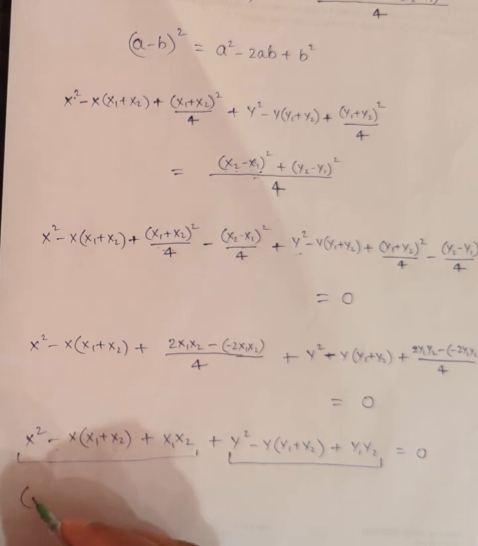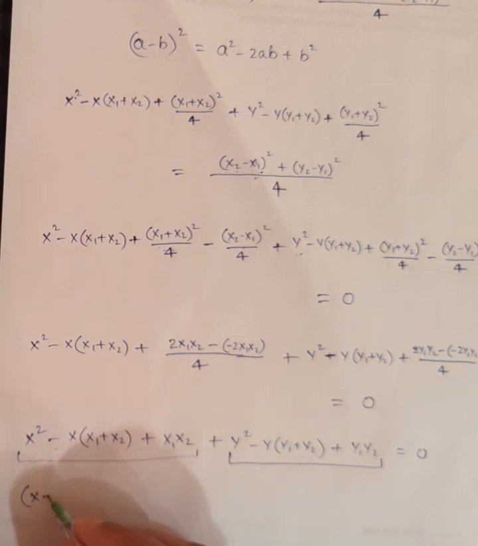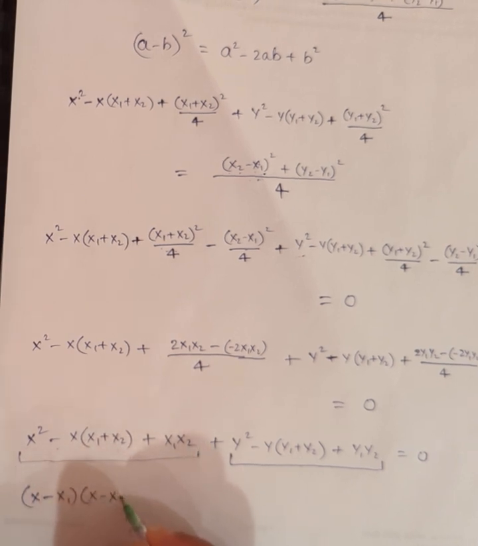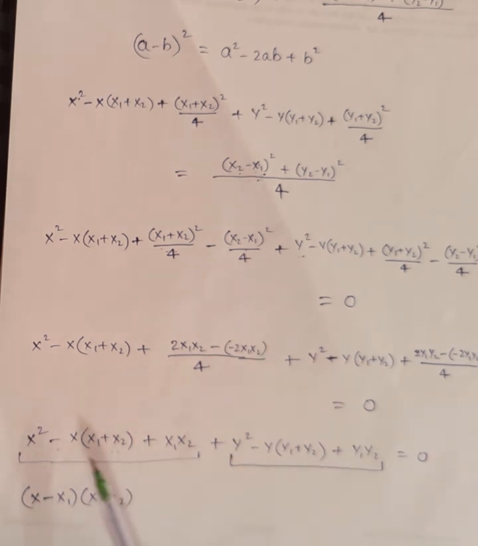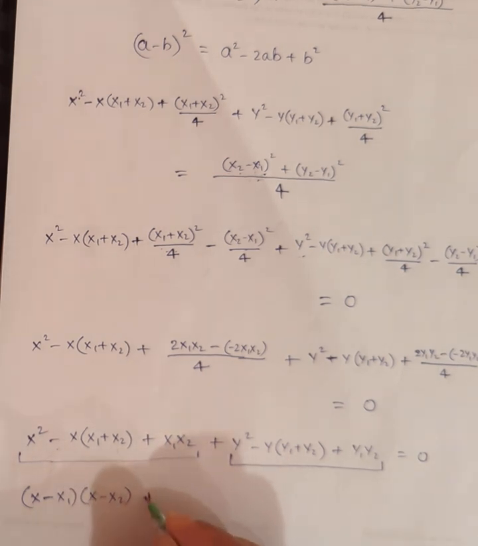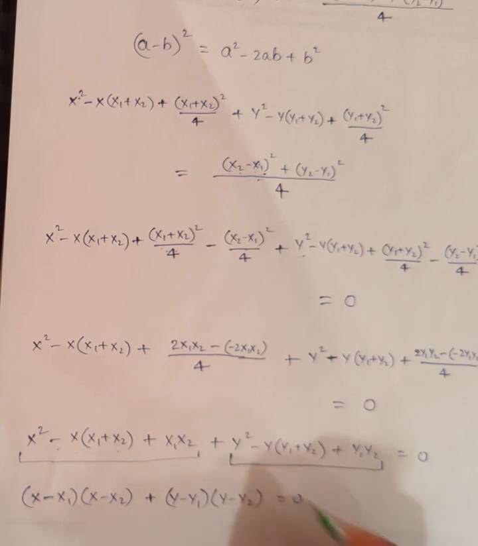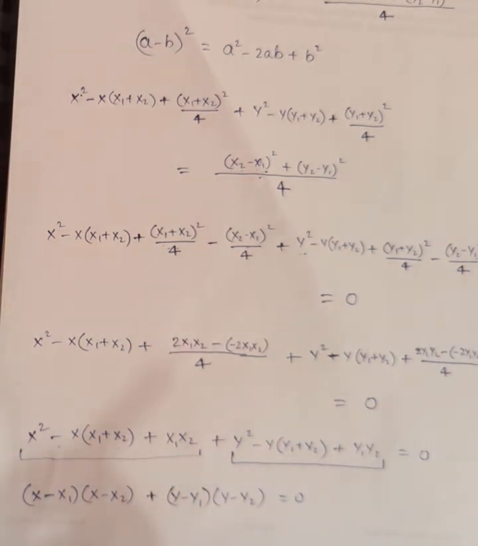Well, it looks like x1 and x2 are the roots of that quadratic if this was set equal to 0. So it's going to be (x minus x1) times (x minus x2), since x1 and x2 are the roots, and this is the sum and that's the product. Similarly, I would have y minus y1, because it's the same expression except x's are replaced with y's. So you have got (y minus y1) times (y minus y2) is equal to 0. And that's the end of the proof.